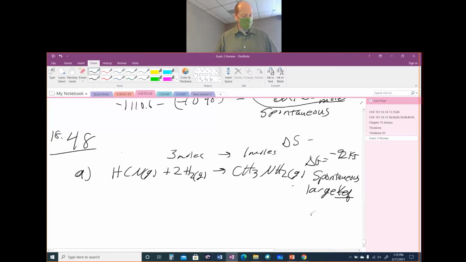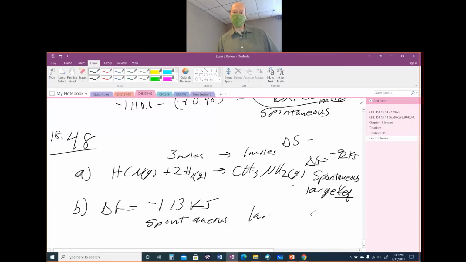All right, so the next one in part B, it says that your delta G is negative 173 kilojoules. So again, same answer: spontaneous. Large K value. That means lots of products, very few reactants.